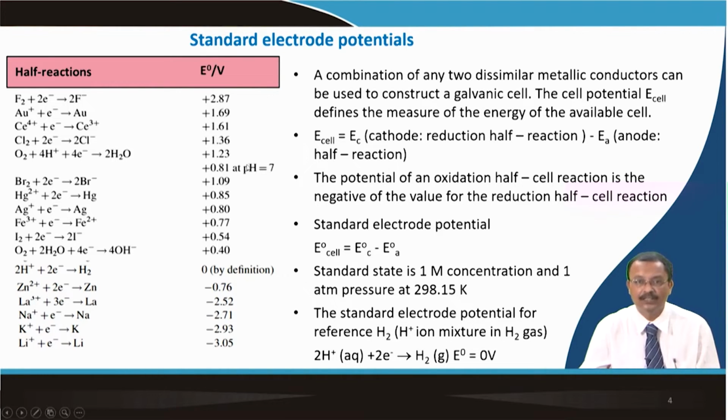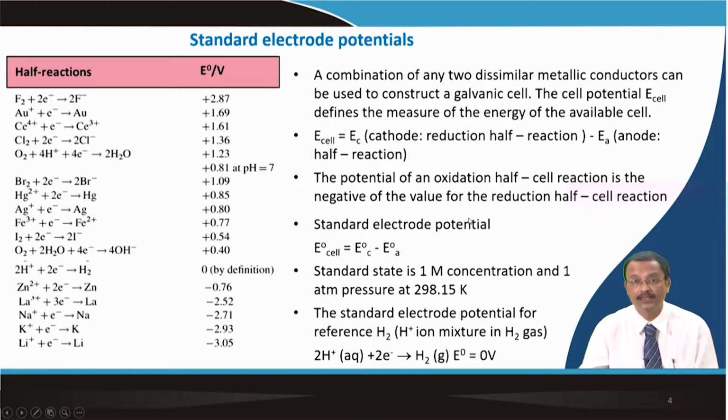So, this cell potential, if I define it as E cell, you can estimate from the cathode potential, that is the reduction half cell reaction, minus the anode potential, which is defined as the anode half cell reaction. So, the potential of the oxidation half cell reaction, as I told, is taken as a negative value of the reduction half cell reaction, which is taken as positive.